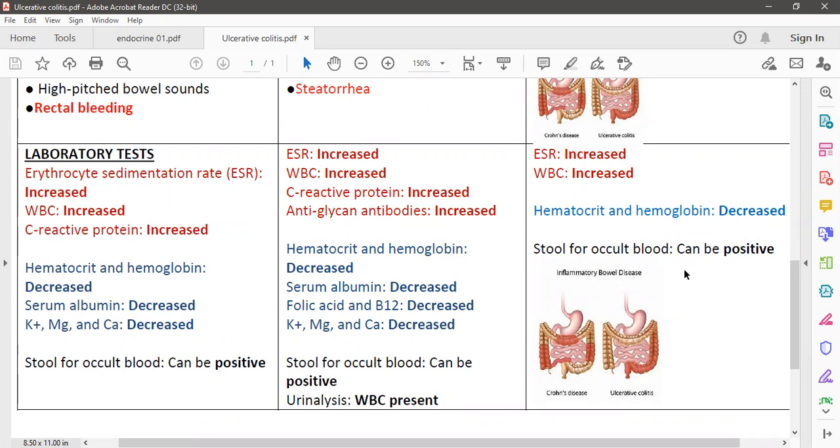At the beginning, low fiber diet, then ongoing, eat a high fiber diet.